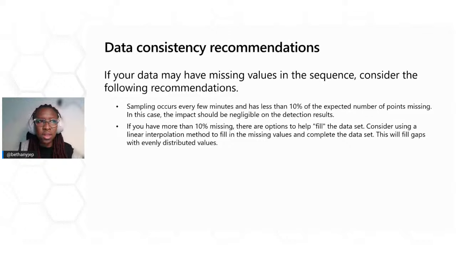So if you're collecting hour by hour data and you realize it's missing like 3 out of 24 hours, it will still be able to compute and give you an idea of how your data should be. But if it has more than 10% missing, you can fill in the data, doing something like using a linear interpolation method to fill the data, just ensuring that at least you have consistency in your data. And if you're doing calculations with it, you can make the right predictions.